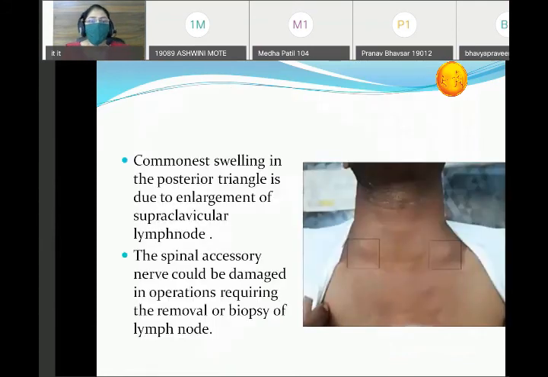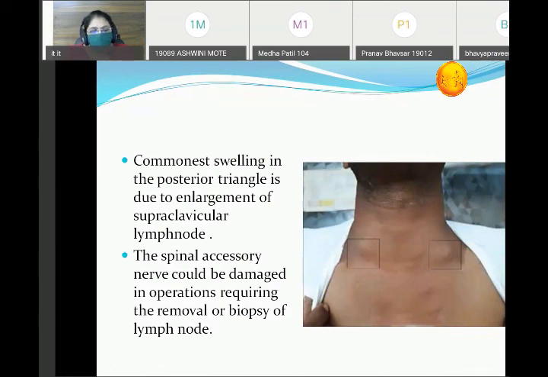The commonest swelling in the posterior triangle is due to enlargement of the supraclavicular lymph node. We studied the supraclavicular lymph node long back. It is also called Virchow's group of lymph nodes, which will be enlarged in carcinomas of the breast, then malignancies of the testes. We have also seen it enlarge in tuberculosis.